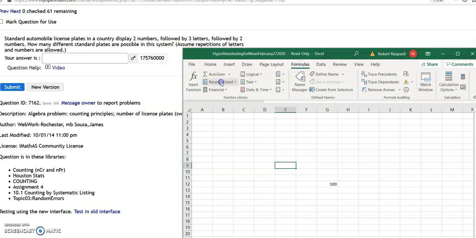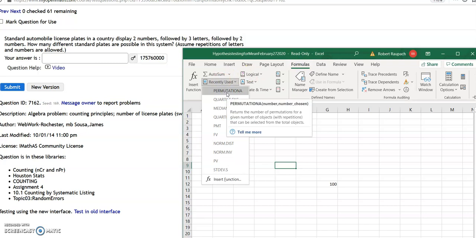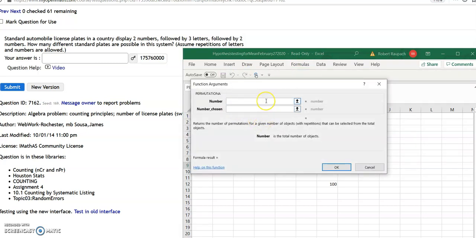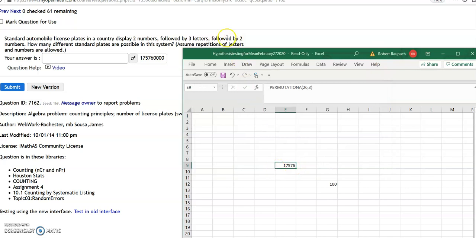So do the same thing. You could go to Formulas, Recently Used, after you do it the first time. Permutation A, and then there's 26 total. Always give the total or the higher number first. Number chosen 3. Hit OK. All right, that. And followed by 2 numbers again. Well, we already know that's 100. We just did it, okay?